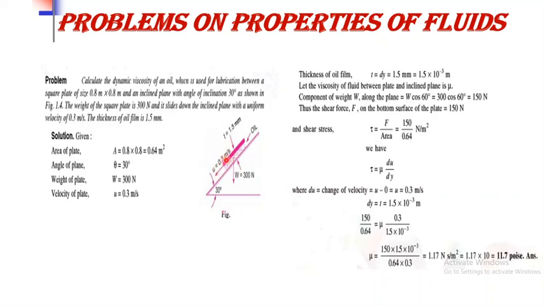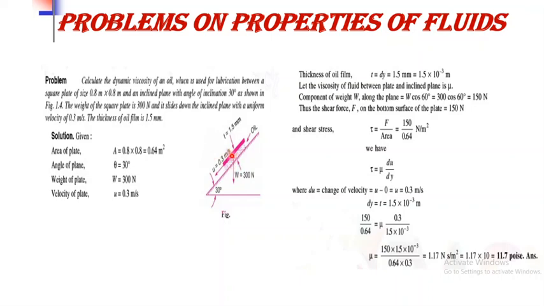So we have to calculate the weight component parallel to the inclined plane, and that is nothing but the force. The angle between the inclined plane and the horizontal plane is 30 degree, and if we draw one horizontal line, the opposite angle is again 30 degree.